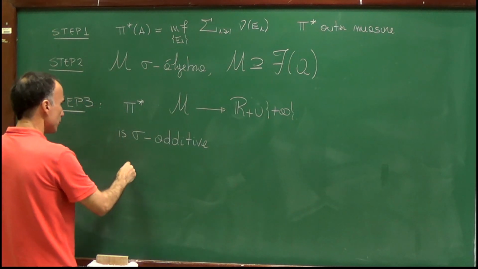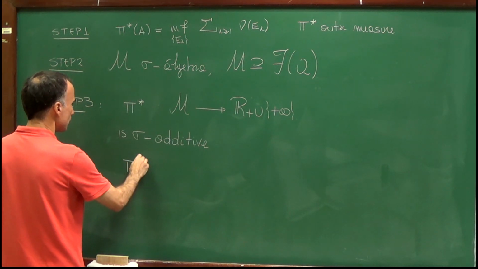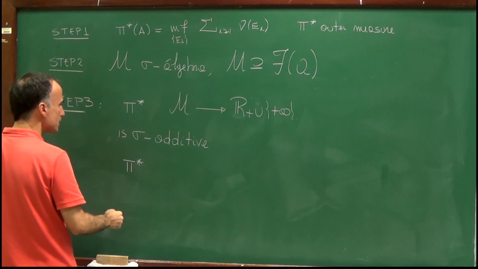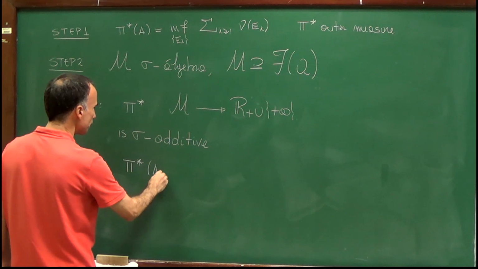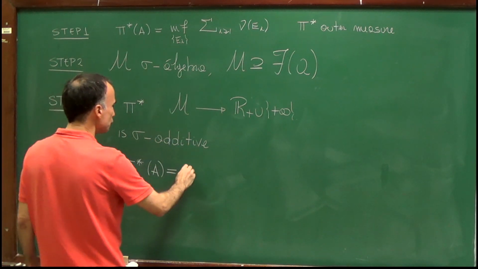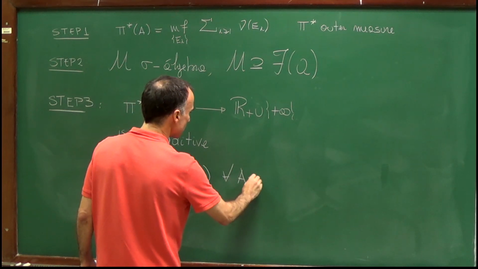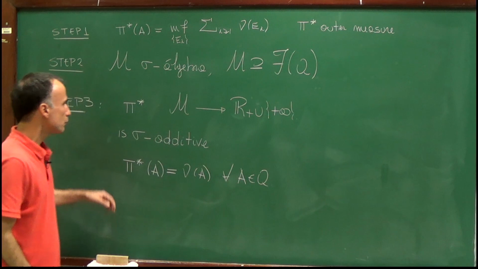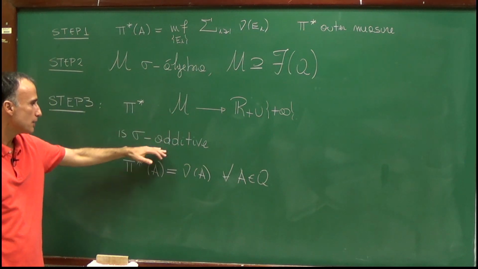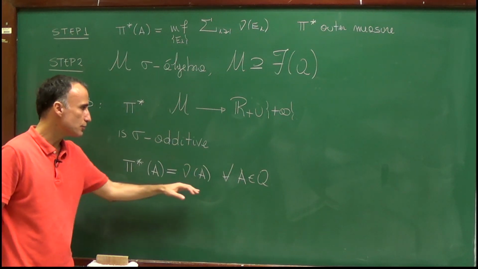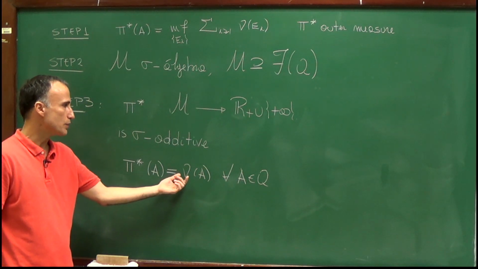We also have to prove that it's an extension, so we will also prove that P star of A is equal to nu of A for all A in the algebra. So we'll prove that P star restricted to M is sigma additive, and that its restriction to the algebra is the function from which we started.